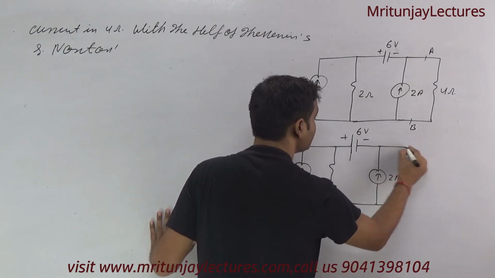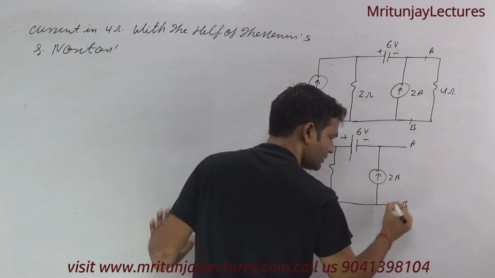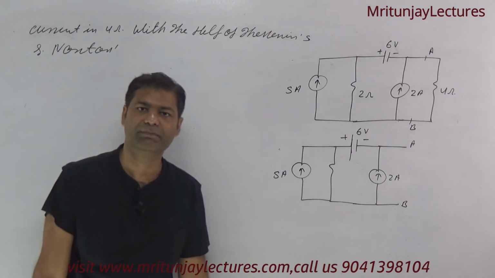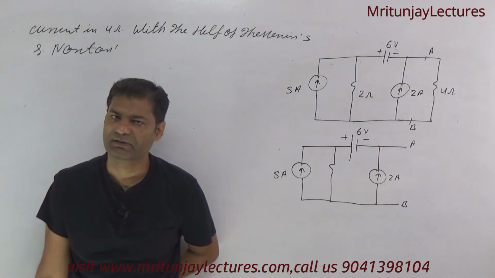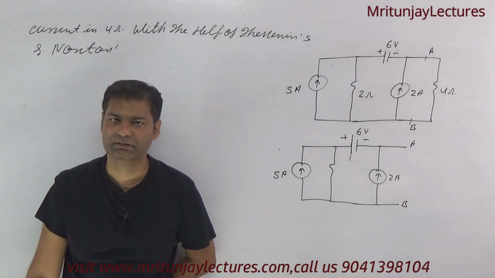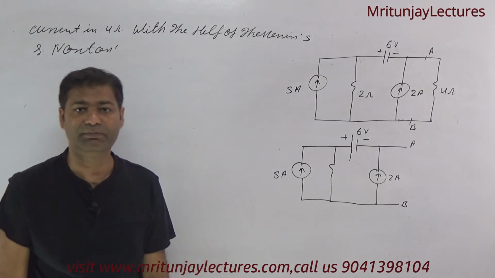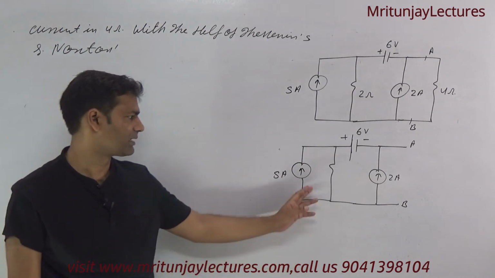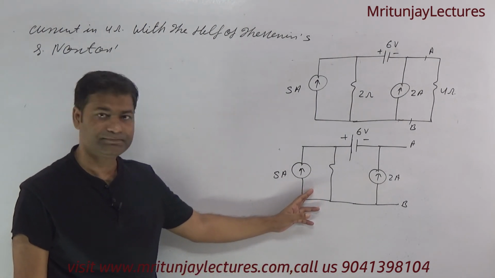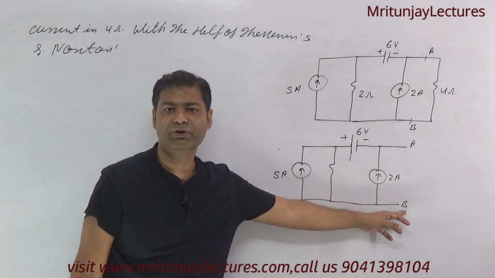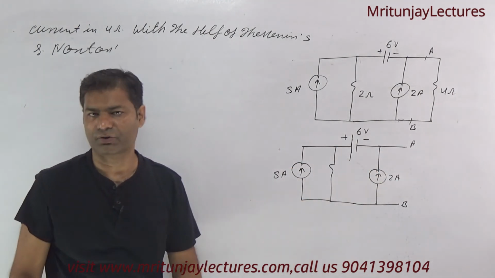You can do this question with the help of source transformation or the conventional method. I have already discussed that, but here we follow a very simple method. If we follow this method, we get the Thevenin's equivalent or Norton equivalent.